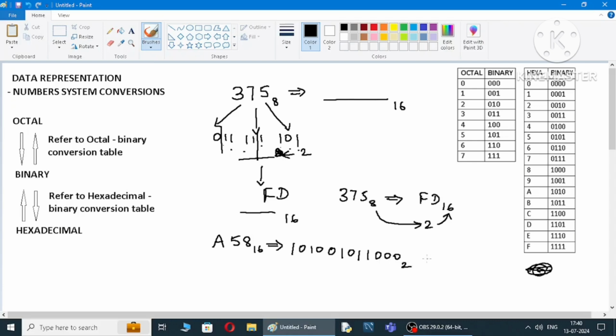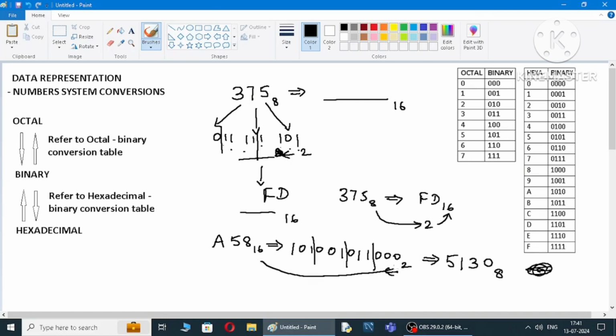So this is the binary equivalent, and binary to octal should be done this way. Divide it into 3's because we are going to refer to the octal table, so you can refer to it easily. 101 stands for 5, 001 for 1, 011 is 3 and 000 is 0. So this is how you convert hexadecimal to octal.